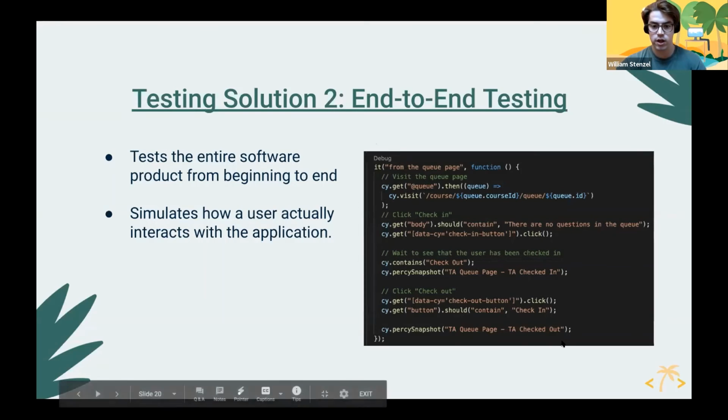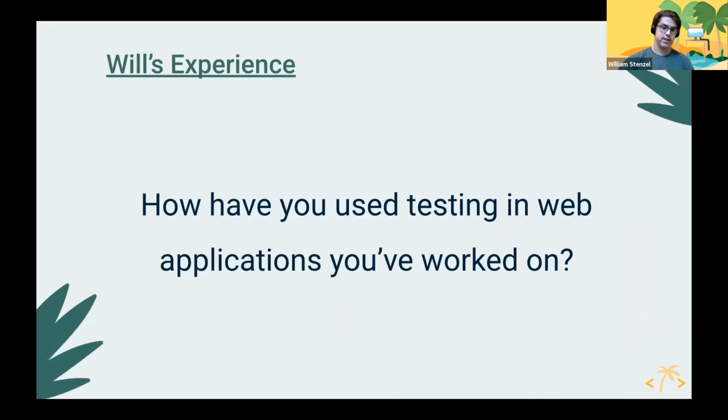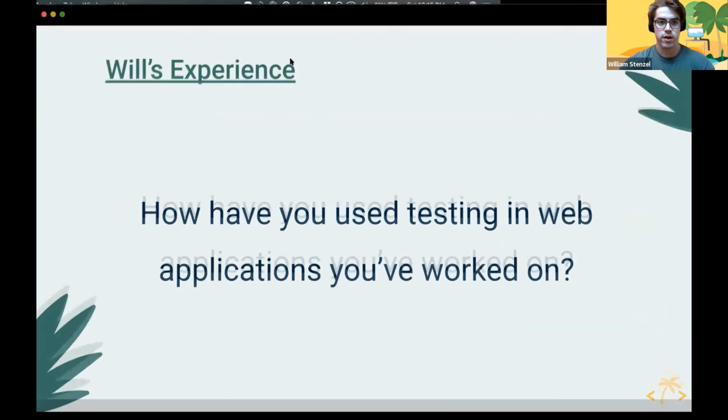This is a screenshot of an end-to-end test, so you can see how we're walking through what a user would do. This is an example from the Office Hours app, which I'll be showing in the next slide, where I talk about my experience in the applications that I've worked on.